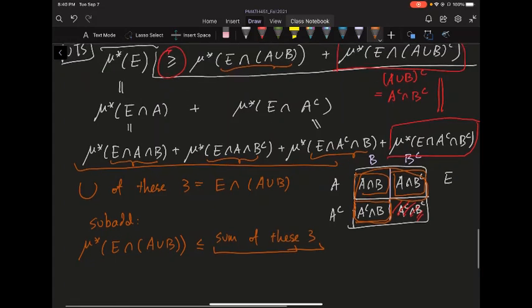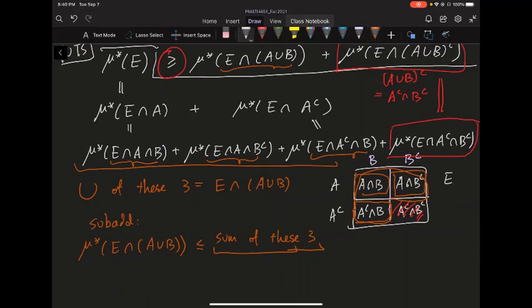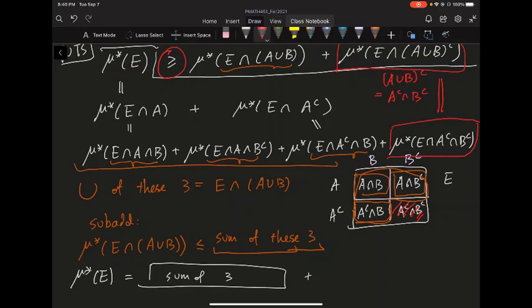So now what do we have? We have overall this mu star of E, which equals, first of all, the sum of the first three terms. And then I have the second part, which is mu star of E intersect A union B complement.